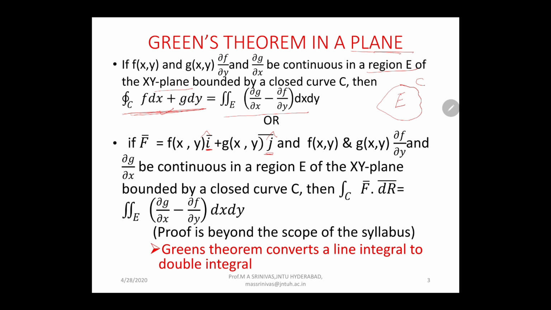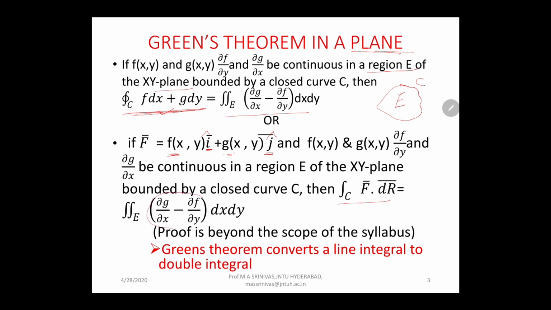F bar is f i bar plus g j bar, and you know that f is the x component of capital F bar, and g is the y component of F bar. So the x component with respect to y and the y component with respect to x, and f, g, are continuous in a region E of the xy plane bounded by the closed curve C. Then the line integral of capital F bar is equal to the double integral over E of dou g by dou x minus dou f by dou y.